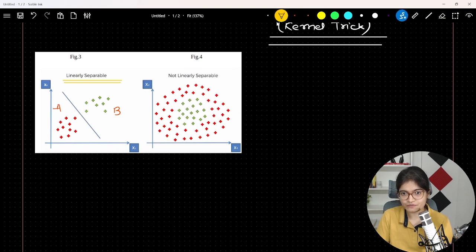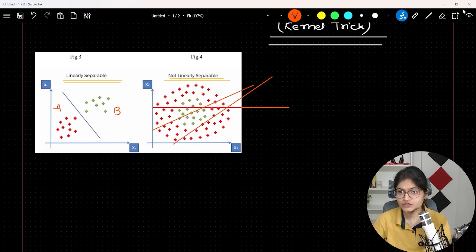In this specific case, you will observe that we cannot create a single line which can distinguish them. How will you create one? The important thing to understand here is that the data is non-linearly separable.